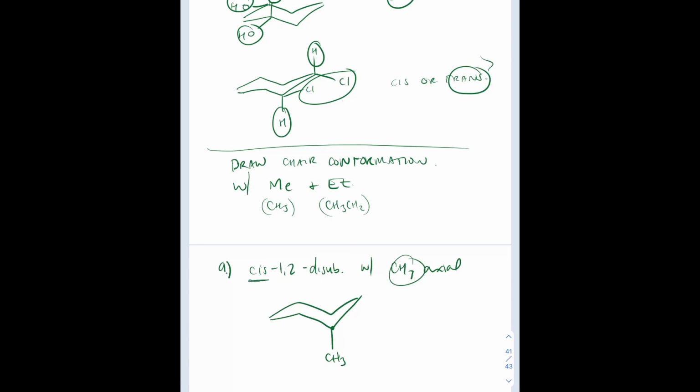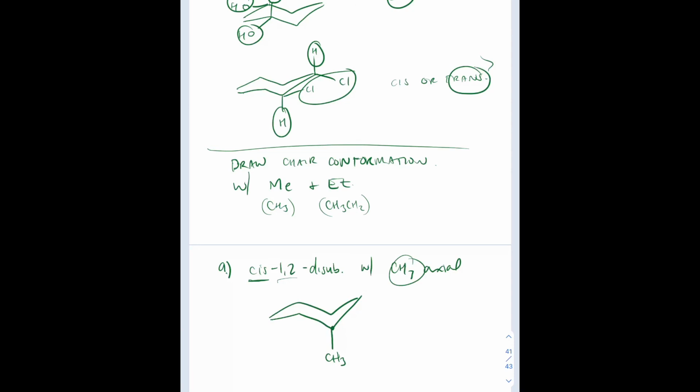And so if we want our compound to be cis, that means we want our ethyl group to be down as well. If this is a 1 position or a 2 position, then that would be the 1 or 2 position as well. So the 1,2 means they need to be right next to each other.